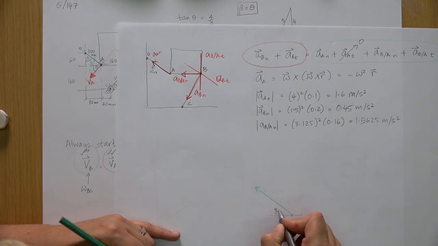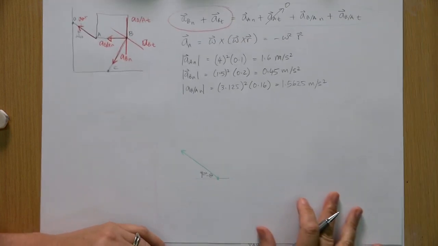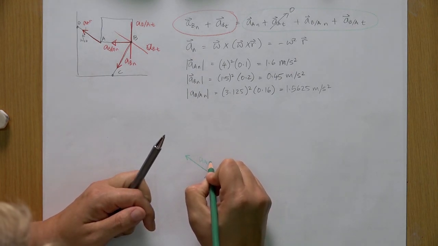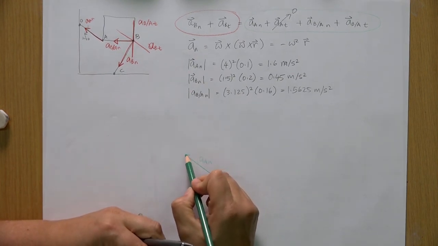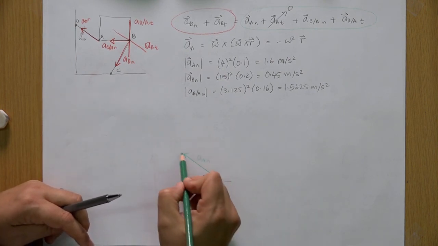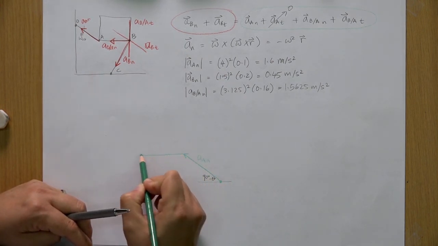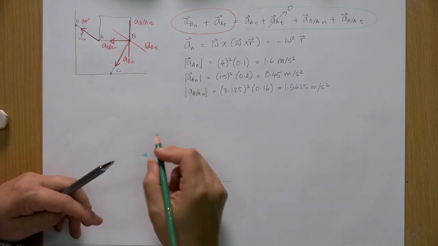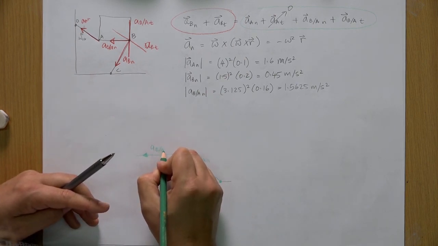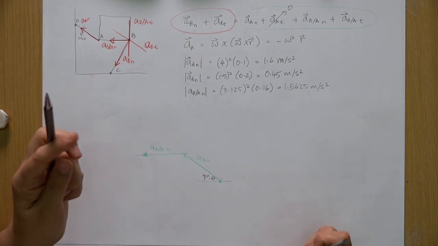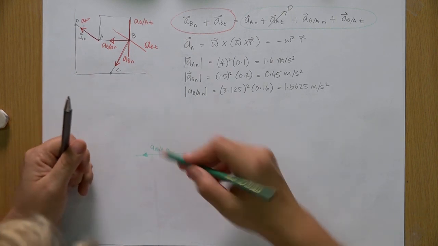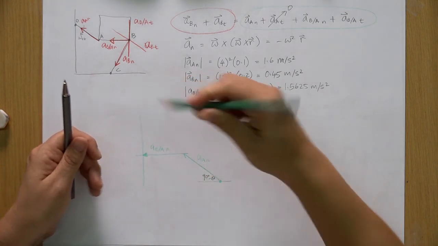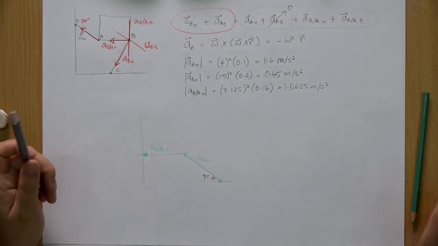This angle here is 90 minus theta. Then we add on to that AB relative to A normal, which is horizontal and about the same size, 1.56. And then AB relative to A tangential is going to be vertical, but we don't know which direction it's pointing.